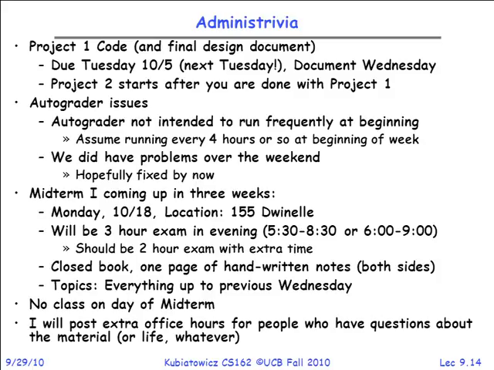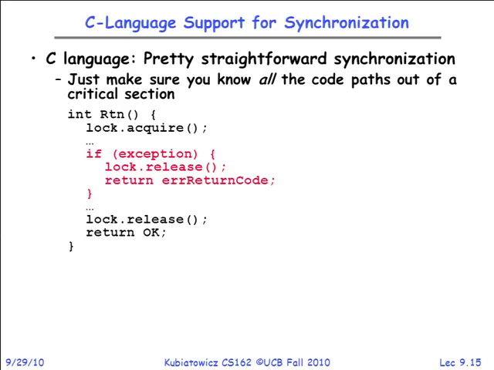So before we take a break, I just want to mention a little bit of synchronization support that's in regular languages that you might encounter. In C, pretty much what has to happen is people have to build synchronization in libraries, and so you might do something like lock.acquire.